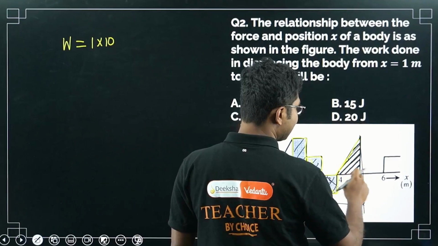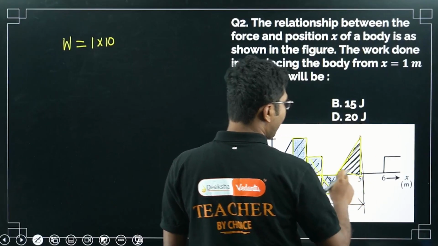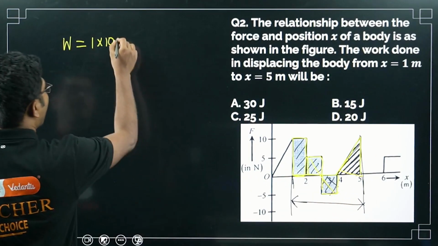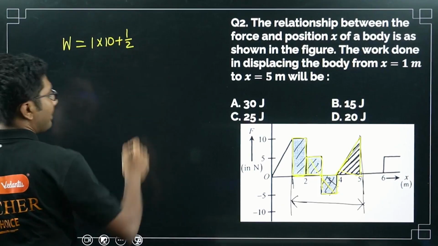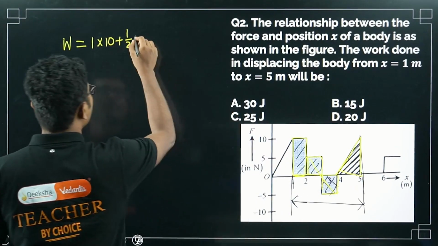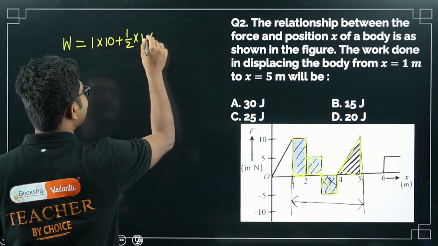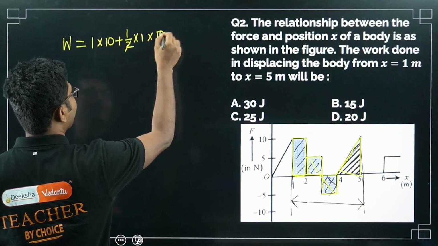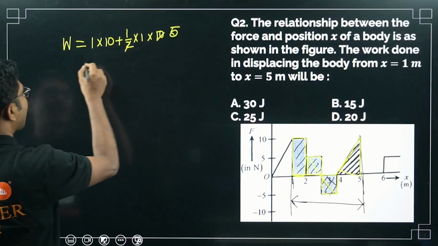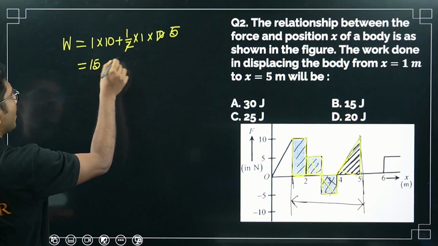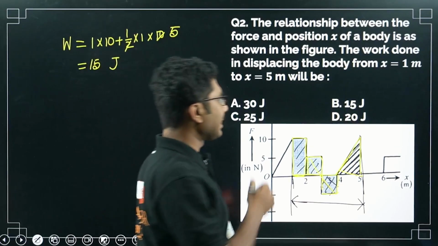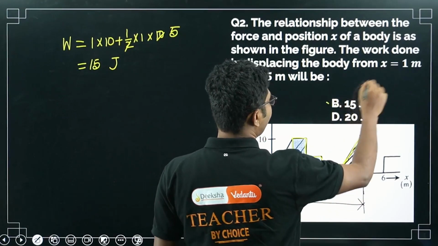This triangle is half base times height. Base is 1 and height is 10, so it will be 5. So 10 plus 5, it will be 15 joules. 15 joules is the work done, so correct answer will be 15 joules.